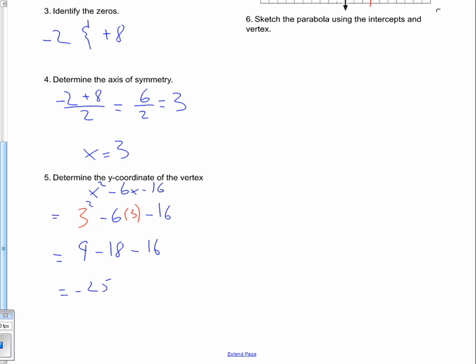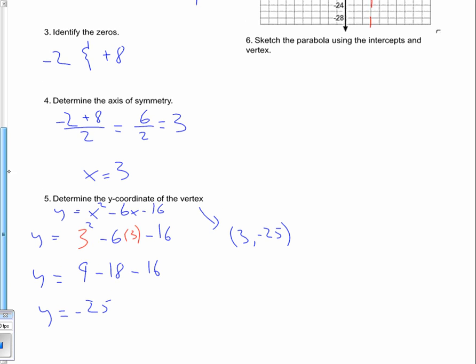So that tells me that my y value is going to be negative 25 when the x value is 3. So my coordinates for the vertex are actually 3, negative 25. Okay. So now I know what my coordinates for the vertex are.